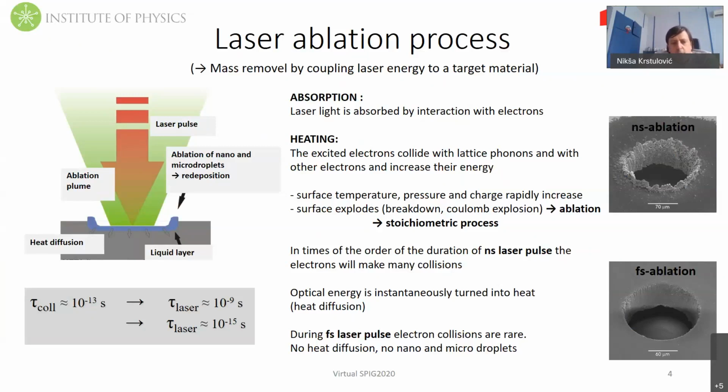Typical collisional time between electrons and the lattice is in the range of 10 to the power of -13 seconds, which means that during a nanosecond laser pulse there is lots of time for collisions, but during femtosecond ablation, collisions are very rare. So there is no heat diffusion. With nanosecond ablation, we are producing somewhat irregular structures, but with femtosecond ablation, structures can be very, very regular.